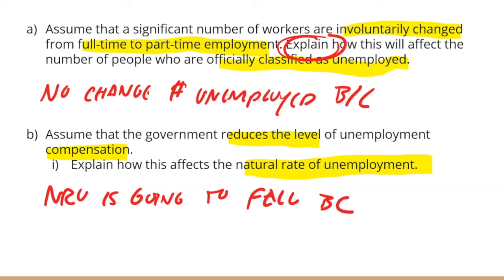Remember, we add the word because yet again, since it asks us to explain. So our natural rate of unemployment is going to fall because people have more of an incentive now to look for work as unemployment compensation diminishes. If the government reduces unemployment benefits, people are more incentivized to go and look for work.